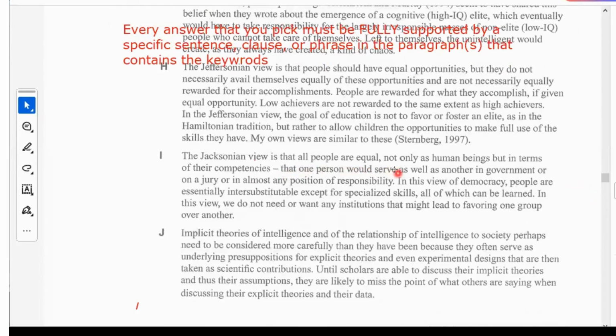One person should serve as well as another in government. Then, in this view of democracy, people are essentially intersubstitutable, except for specialized skills, all of which can be learned. In this view, we do not need or want any institution that might lead to favoring one group over another. Yes, that's still pointing at number 8. We do not want an institution that will favor one group over another.